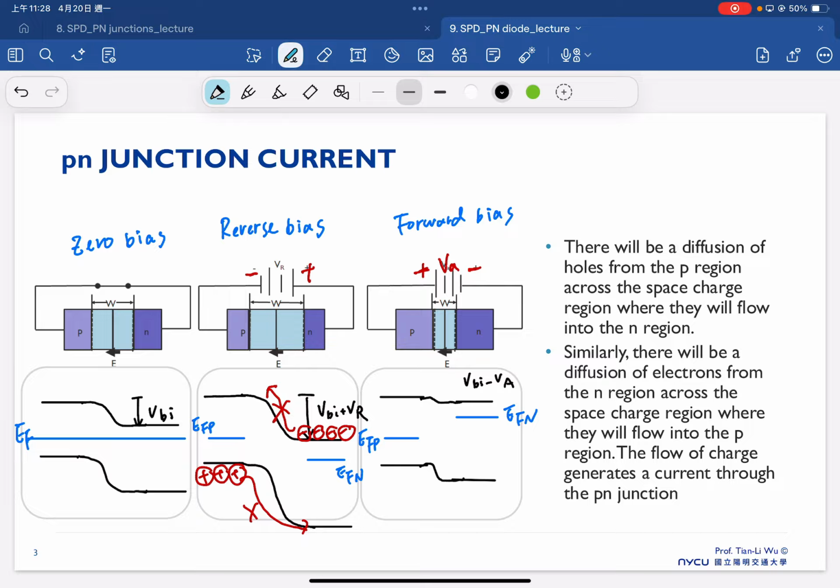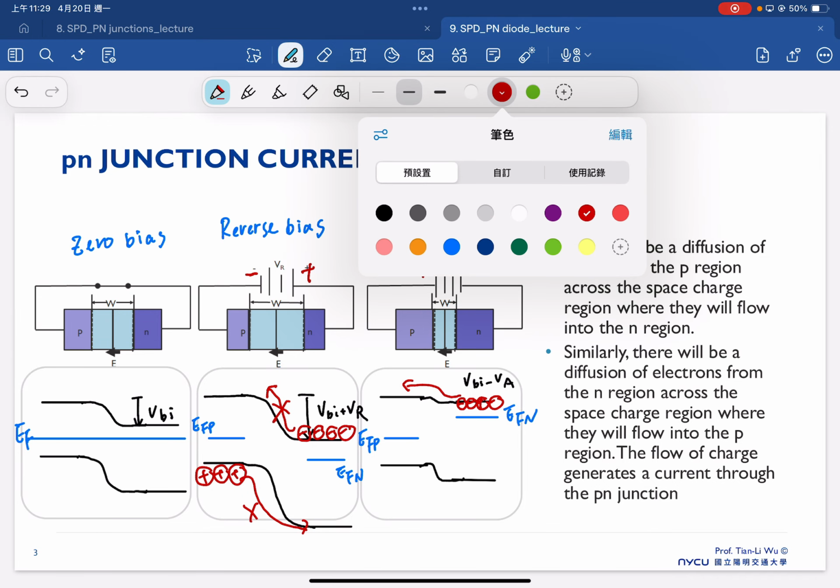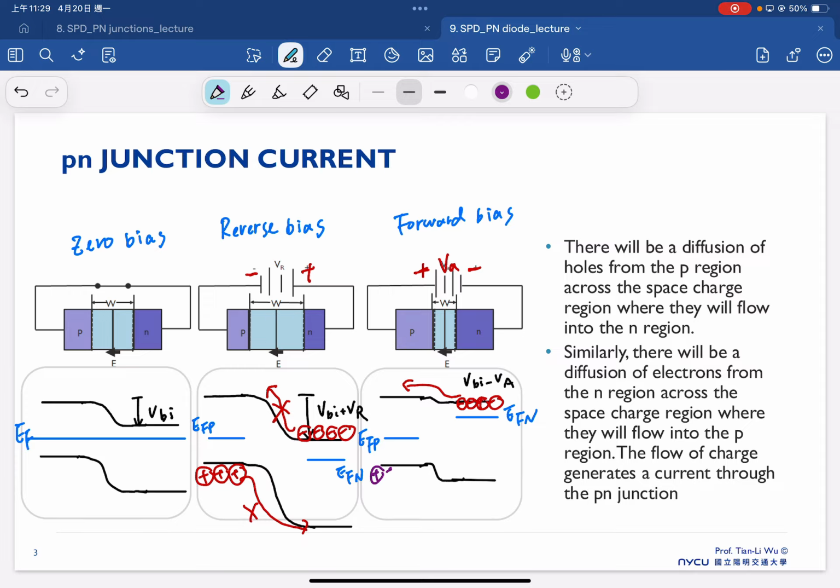Once we have a smaller barrier, the electrons here can start to flow to the left, and the holes here can start to flow to the right.